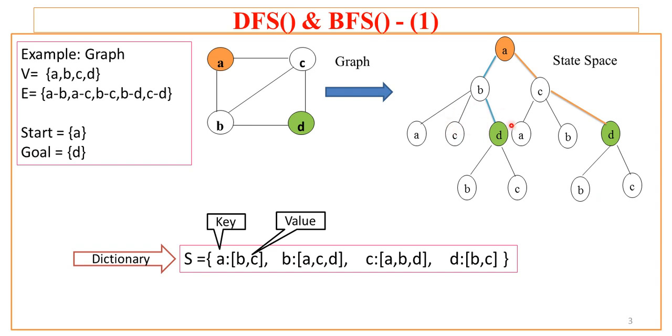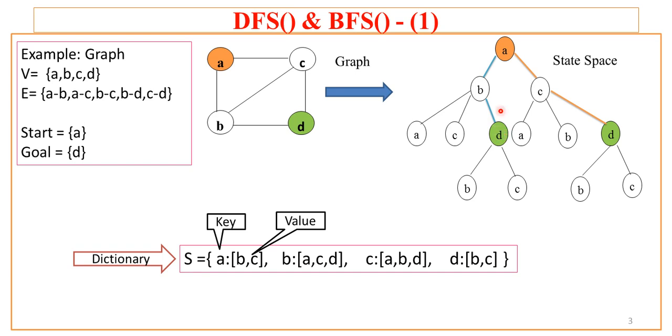But this diagrammatic representation of the state space for the given graph is not given to the algorithms, because this diagram is not the proper way to specify the state space to the algorithm.